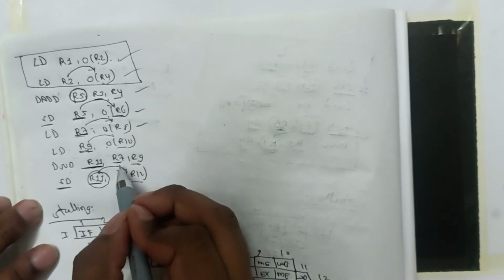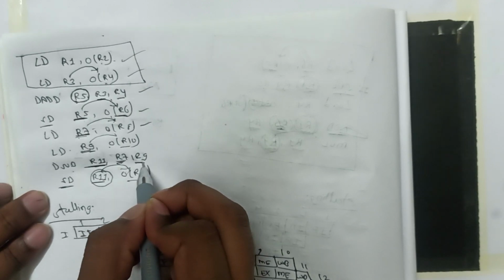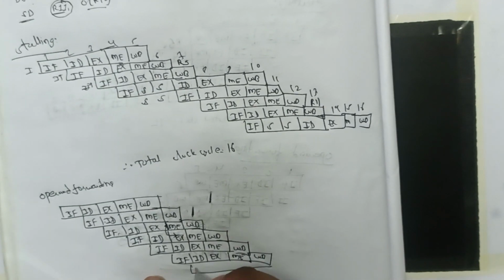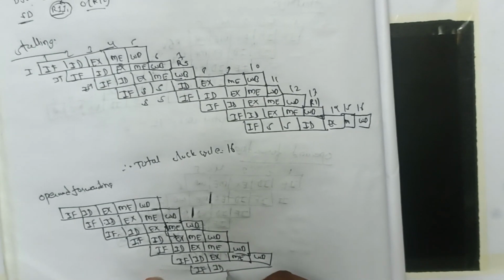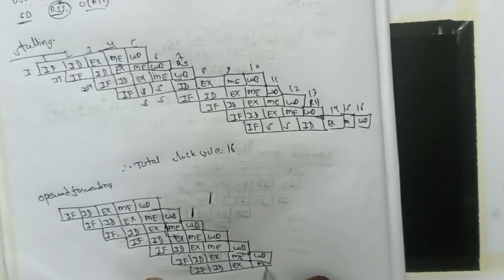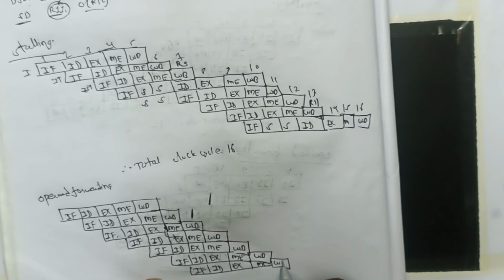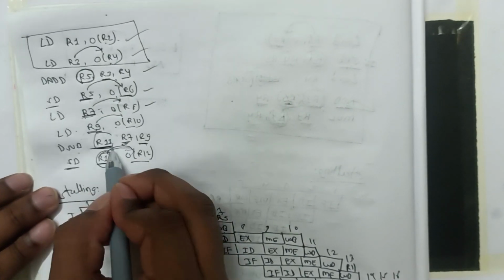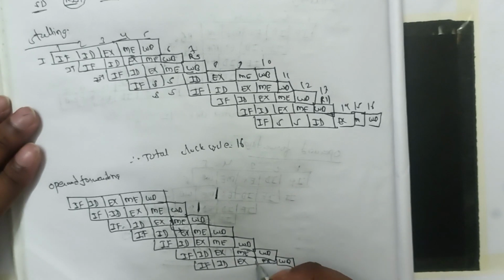Second is R7 R9. Okay, is there any dependency? No dependency. IF ID EX MEM WB. Here R11, yes, there is dependency. From where can I get this? From the execution part.